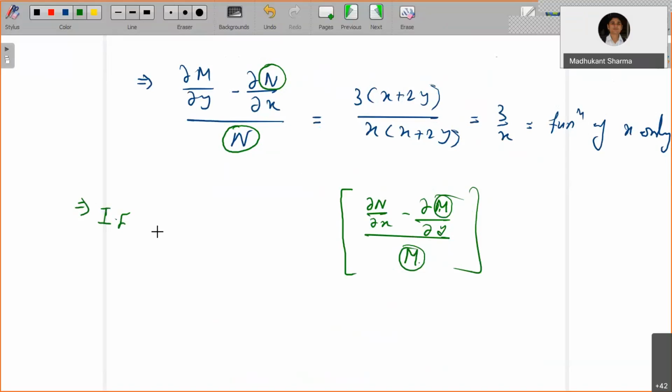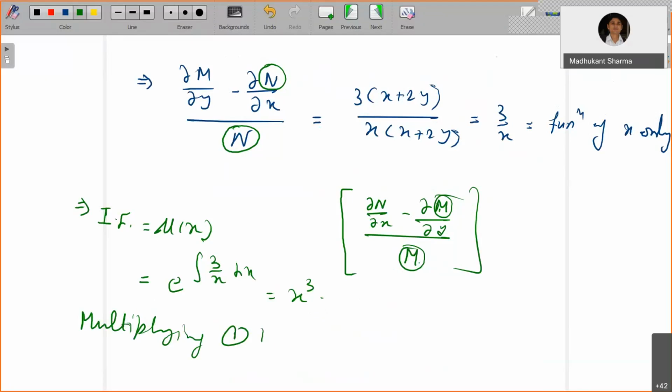So the integrating factor, a function of x only, is e to the power integration of 3 by x dx, which is nothing but x cubed. So now you can multiply the equation by x cubed, the integrating factor.